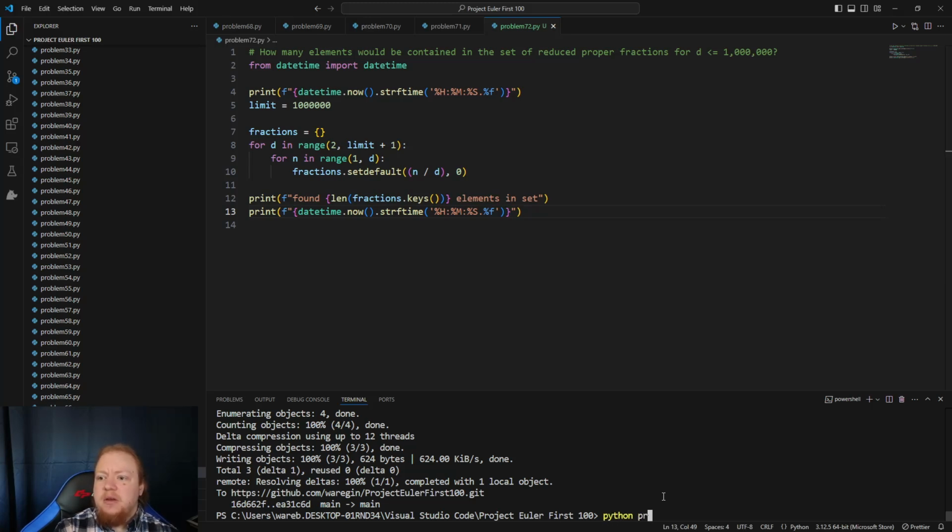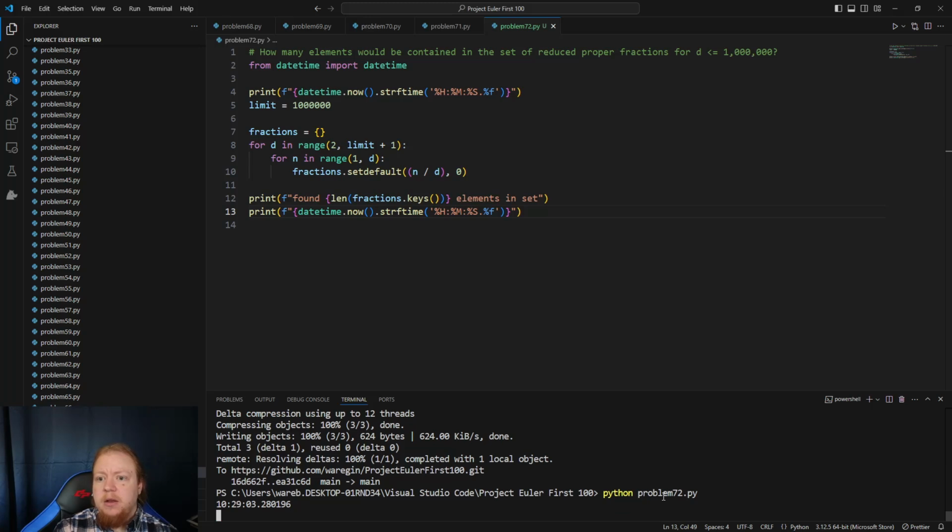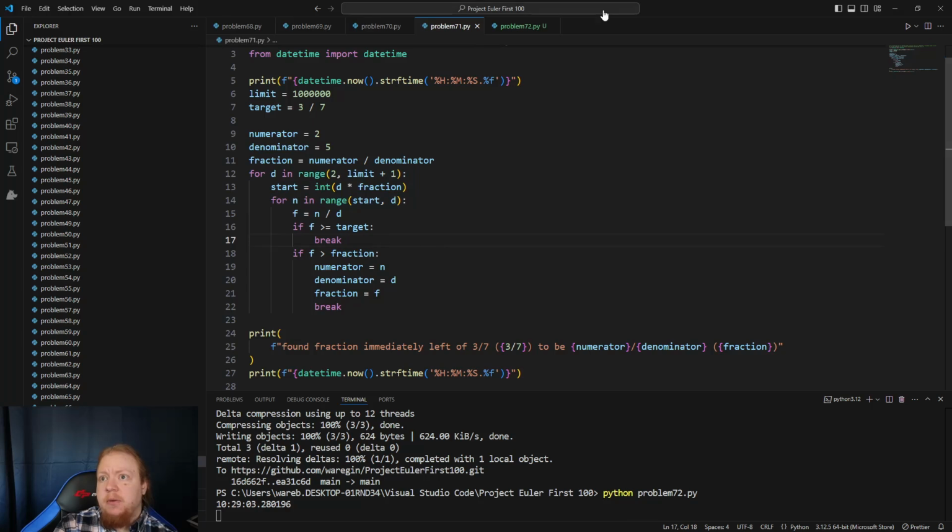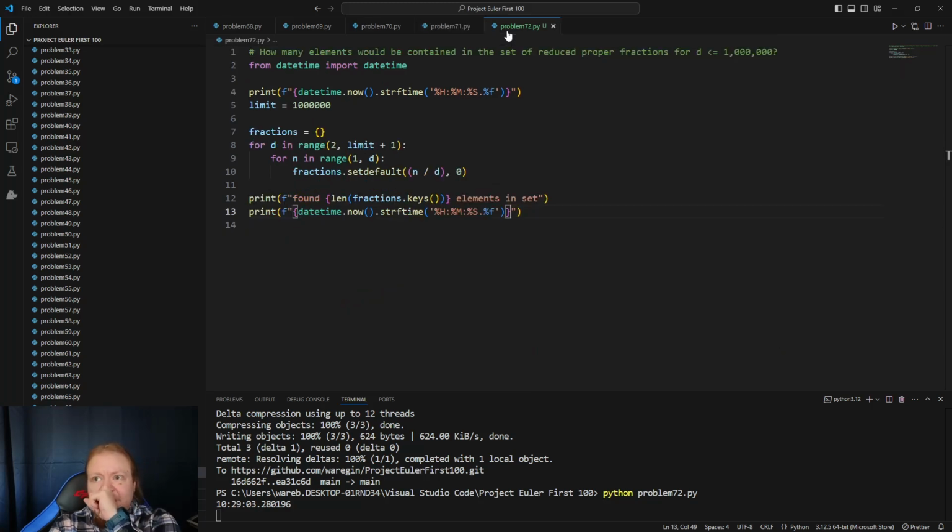The problem with this is, although that code took less than 5 minutes to write, it's going to take more than 5 minutes to run. And I know this because I worked through problem 71, where I had to get clever about reducing the problem set in order to have it run efficiently.